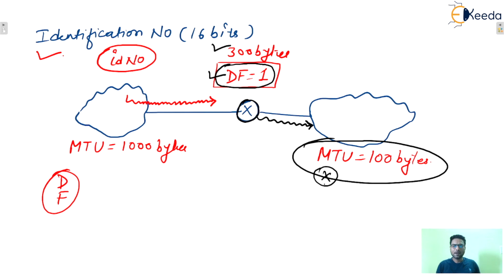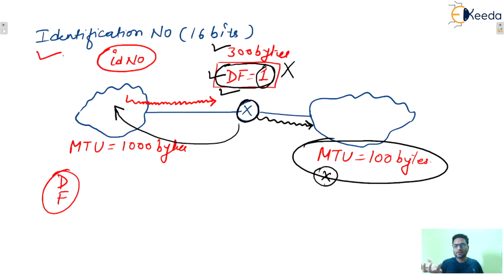But the user setting is DF equals 1. So the router wants to fragment it, but the user doesn't want that. Simply, the router will discard this packet and send a message to the sender that this size of data cannot be transmitted to another site.